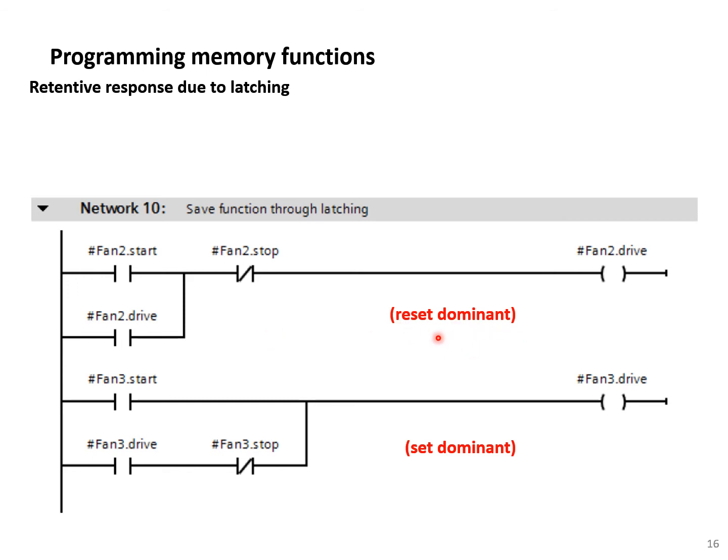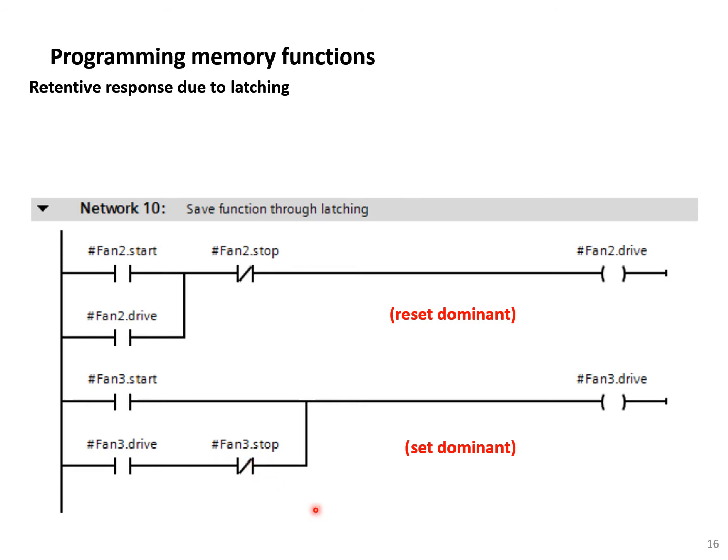Here reset is dominant, so the stop is dominant, and if for example we press start and stop button at the same time, the stop button is dominant and the fan 2 doesn't work. Here also we have the same form of latching because we are using a contact associated with the coil. However, you see that the stop is located inside the branch.